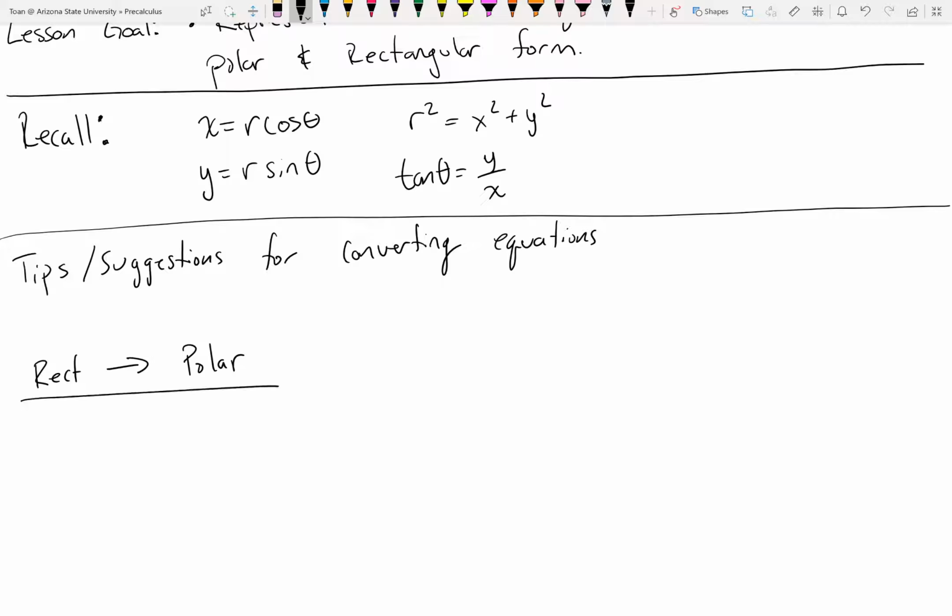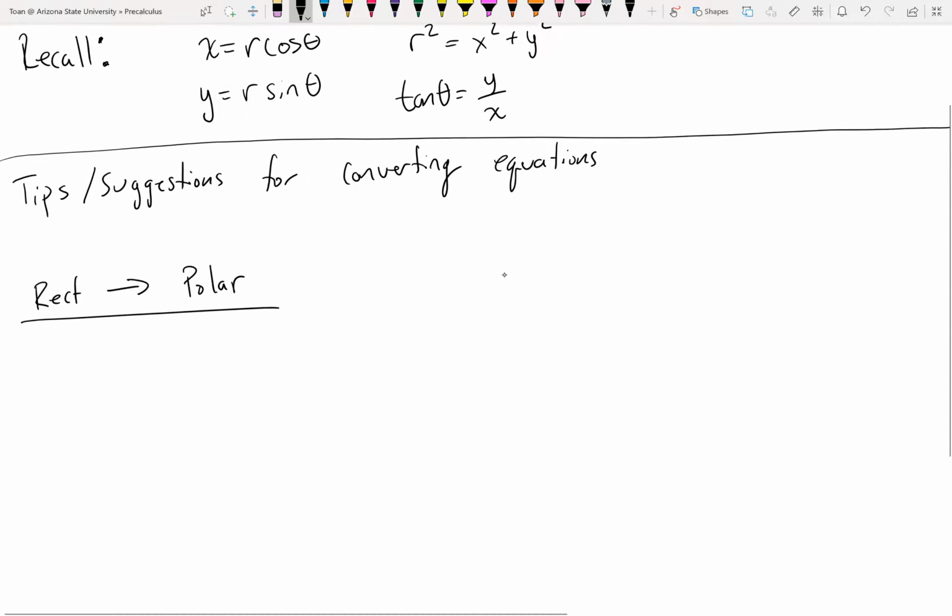These, in my opinion, are the easiest types of conversions because the bridges, the formulas, do all the work for you. We already have direct links that connect explicitly the x and y coordinates to polar form. So there's nothing really hard to do here.